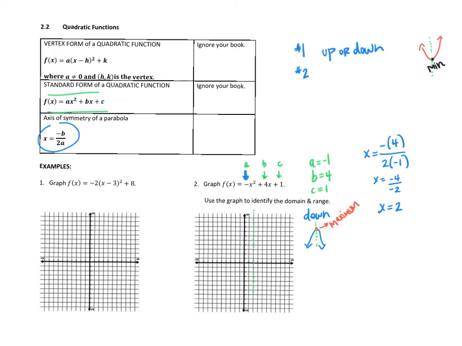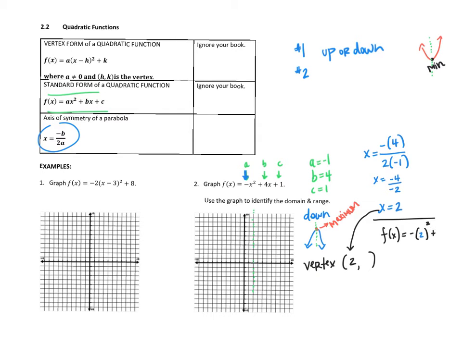Well, I know that the axis of symmetry has to have my vertex. So I know my vertex will now be 2, because x is 2, and then something. Well, how do I find that y value? I look back at my equation. Okay, this is assuming I'm not using my calculator. f of x equals negative, I'm going to plug in whatever x is, and in this case x is 2.